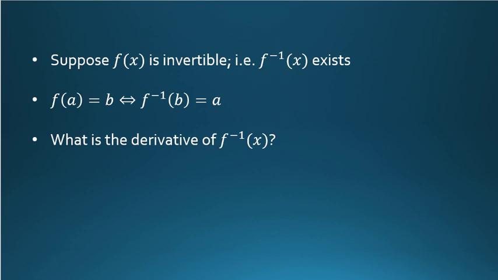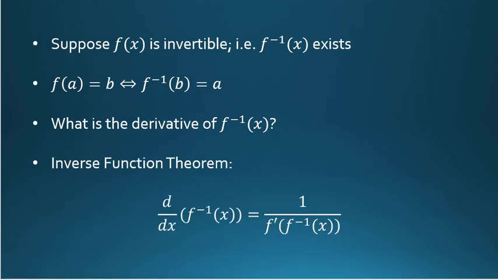And what the theorem tells us as far as our formula for the derivative of the inverse is that d dx of f inverse of x is equal to 1 over f prime of f inverse of x. So you have your function f, you have your inverse function f inverse.